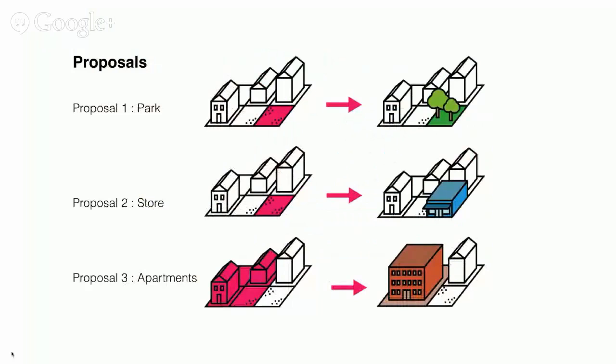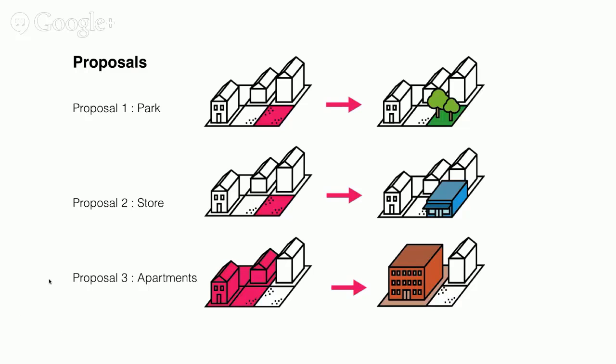Okay, so we keep using this term proposals, and we've talked about scenarios. In an attempt to clarify the terminology, in the sense of the terms that we're using in UrbanCanvas, a proposal is a change to a parcel or a building, or multiple parcels or buildings, in a pretty generic sense.